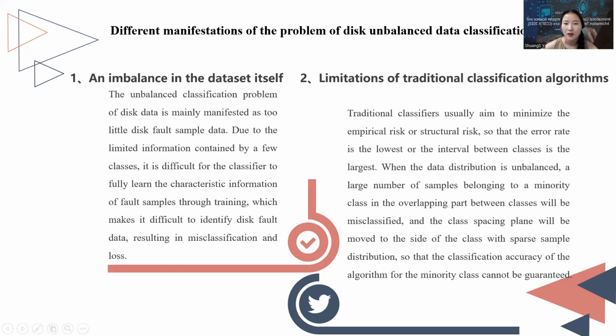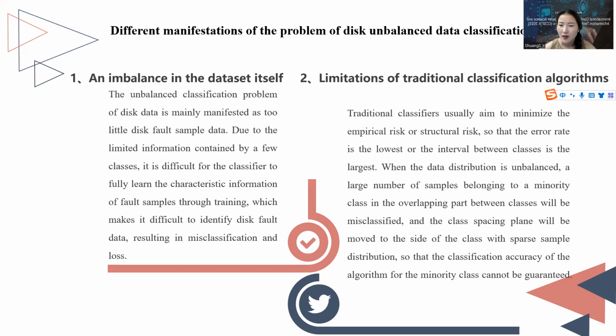Two, limitations of traditional classification algorithms. Traditional classifiers usually aim to minimize the empirical risk and structural risk, so that the error rate is lowest or the interval between classes is largest.